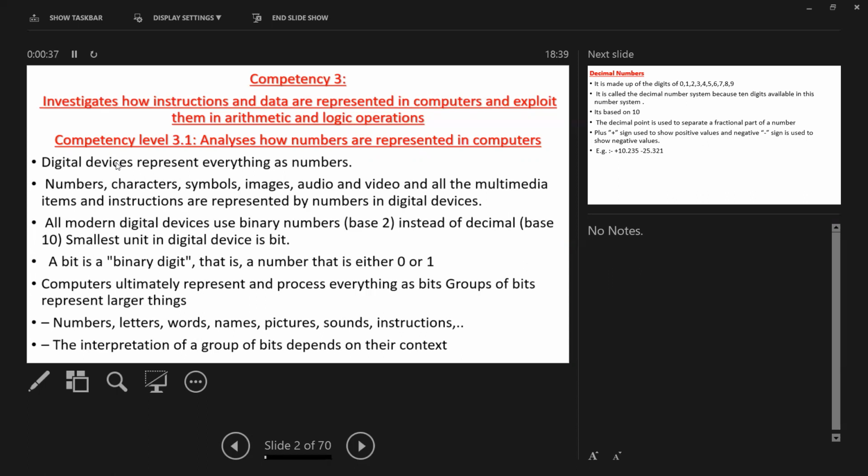So digital devices represent everything as a number in our computer. The entire machine works as a binary data flow, like a number pattern. Numbers, characters, symbols, images, audio, video, everything will move through the computer cables as digital signals. But my voice goes to the machine as an audio signal, and it converts inside to a digital signal.